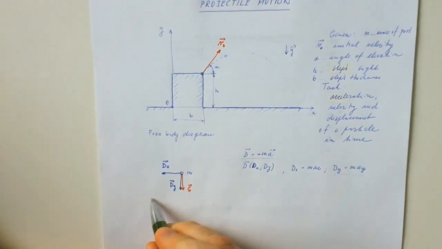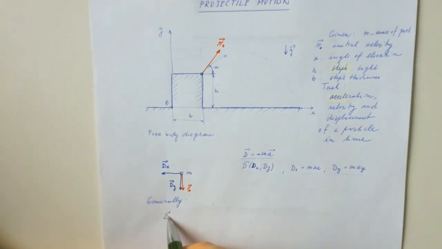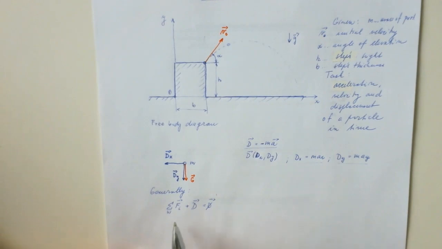Generally, we can write the vector equation of force equilibrium. The most general form is that the sum of all forces acting on the body or particle plus the D'Alembert force is 0. In our case, we can write that G plus D is equal to 0.